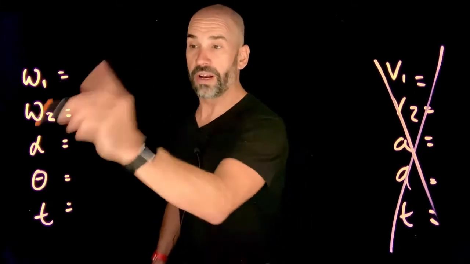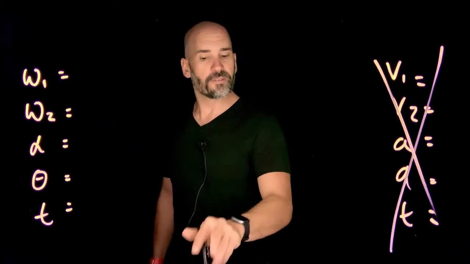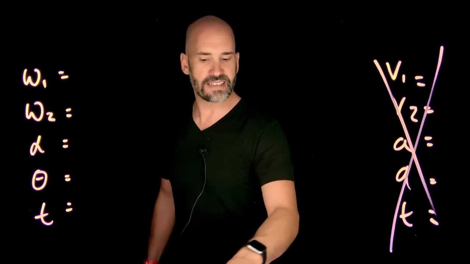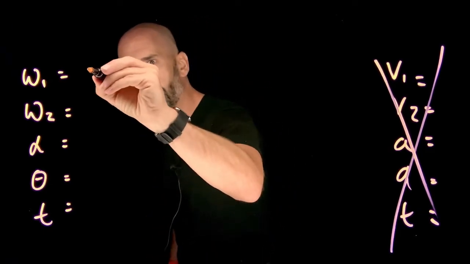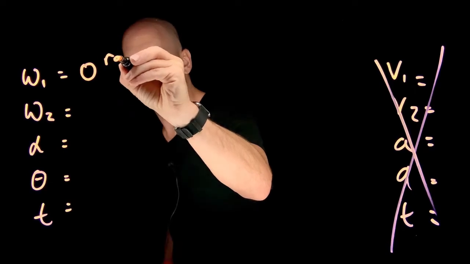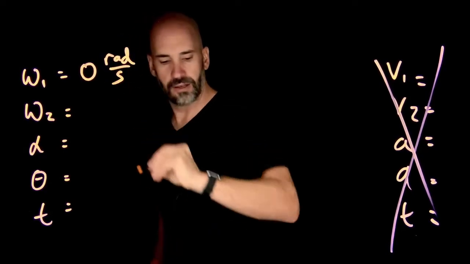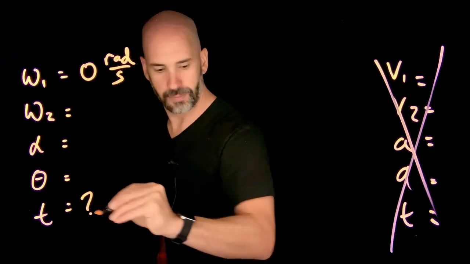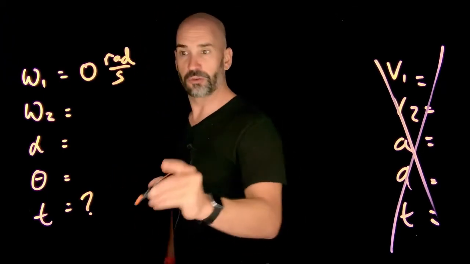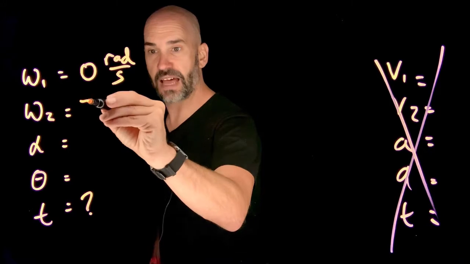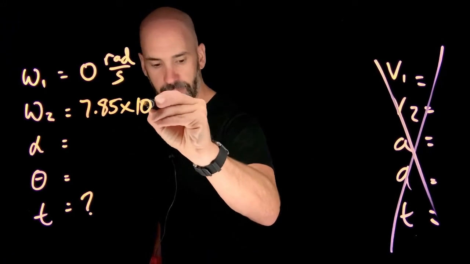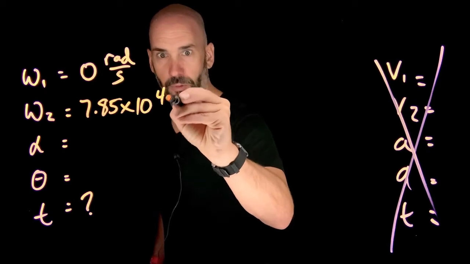All right, what is the initial speed? Well, the first two speeds, they're kind of red herrings, right? Really, this is asking if we're starting from rest, in other words, 0 radians per second, right? How long would it take, so we're finding t, for it to reach a maximum speed of 7.85 times 10 to the 4 radians per second.